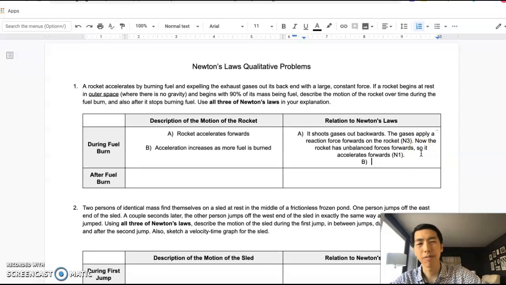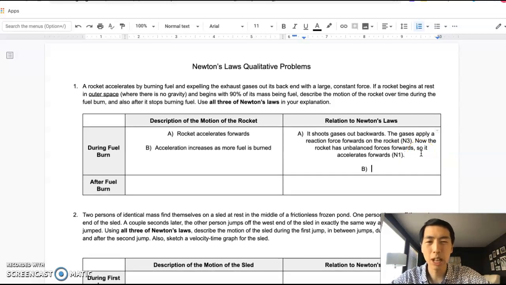In the diagram, the example numbers I gave was 10 meters per second squared, and then a minute later it was up to 15 meters per second squared.